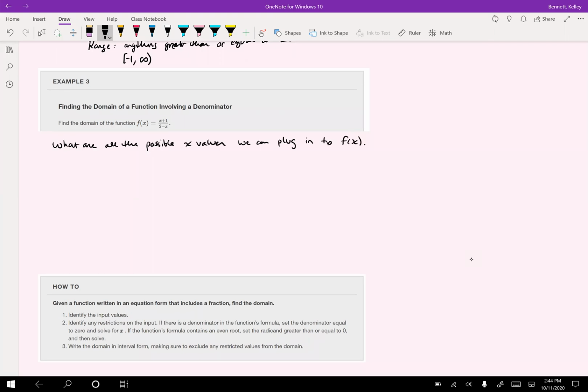And in general, the main kind of cardinal sin of mathematics is to divide by 0. So if we have x plus 1 over 2 minus x, the only thing we really have to look out for is not dividing by 0.